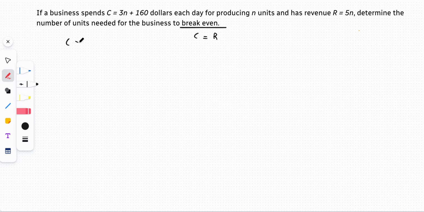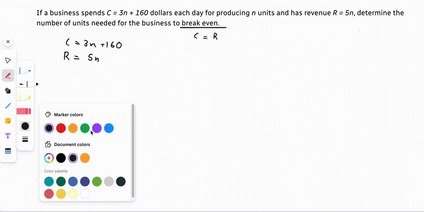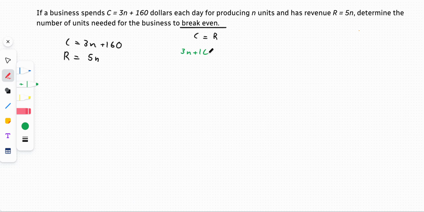So we know that cost is equal to 3n plus 160, and revenue is equal to 5n, right? So essentially, we just need to set these two things equal to each other to evaluate when they will break even. So C is just equal to 3n plus 160, and R is just equal to 5n.